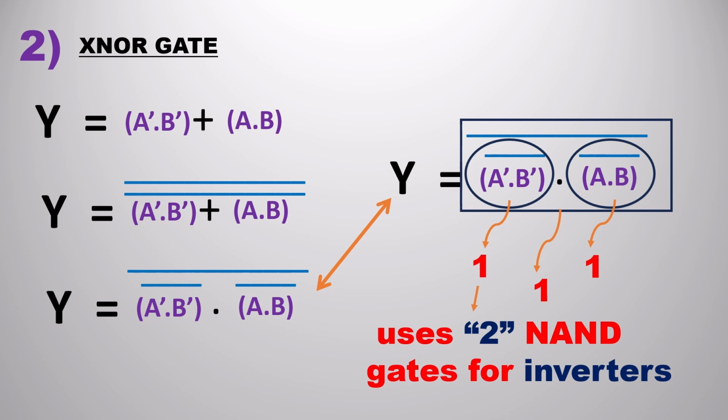That is the first expression dot the second expression whole bar. That is the final one. Again, in the first one we are having bars, and bars mean the same output produced by a NAND gate. So 2 bars means 2 NAND gates. For the inversion we want 2 NAND gates. So in total 5 NAND gates we are going to use for the second representation. Let's see how to represent that.